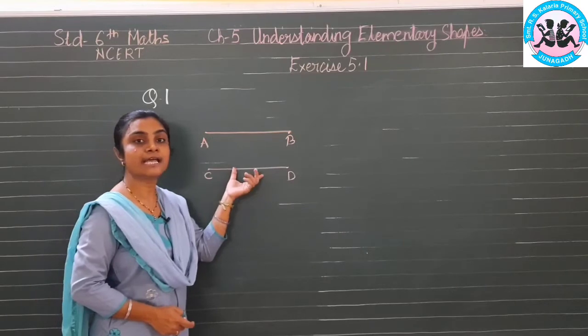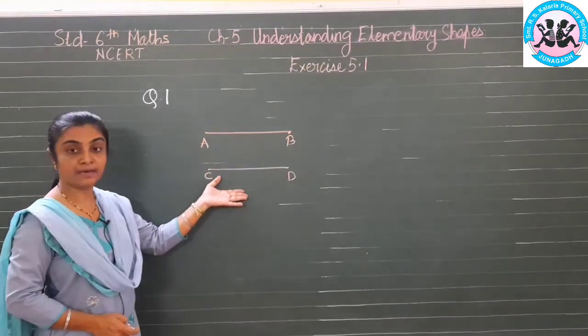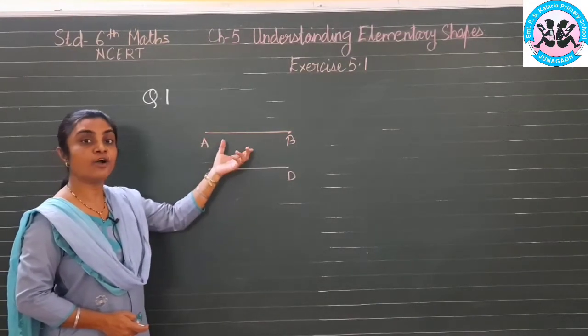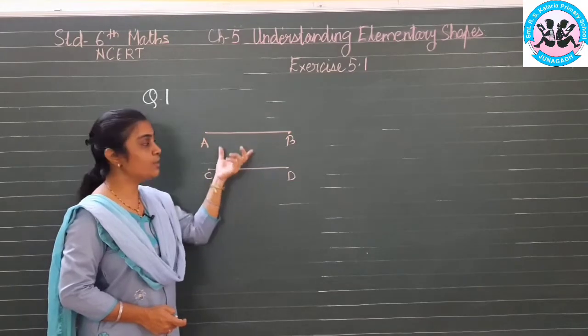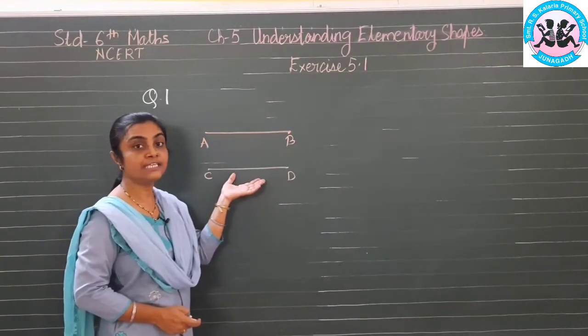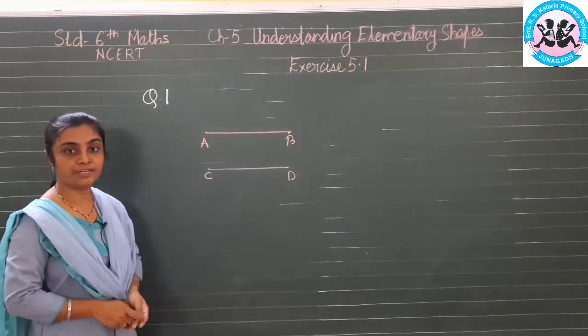So this is one disadvantage of mere observation. When you compare the line segments, you will not get the exact reading of these two line segments. For that we need the scale. So this is one drawback of observation.